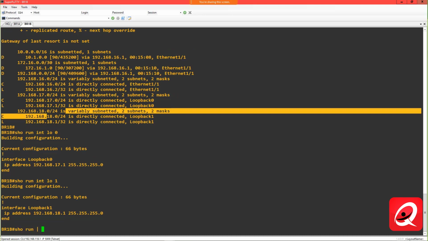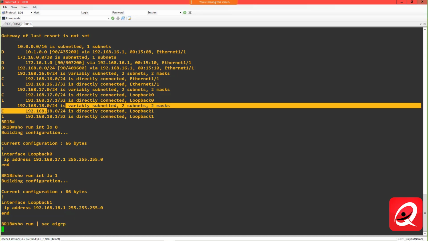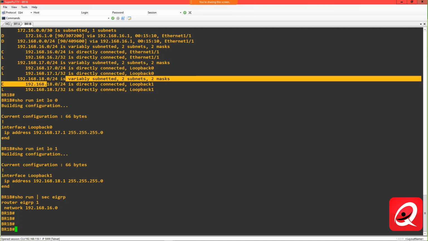Let me do one more thing. Show run section eigrp would have shown it. Okay, so it is interesting that 16 and 17 are coming in, but they're not coming in because we're running EIGRP on this router. So they must be learned some other way in EIGRP.